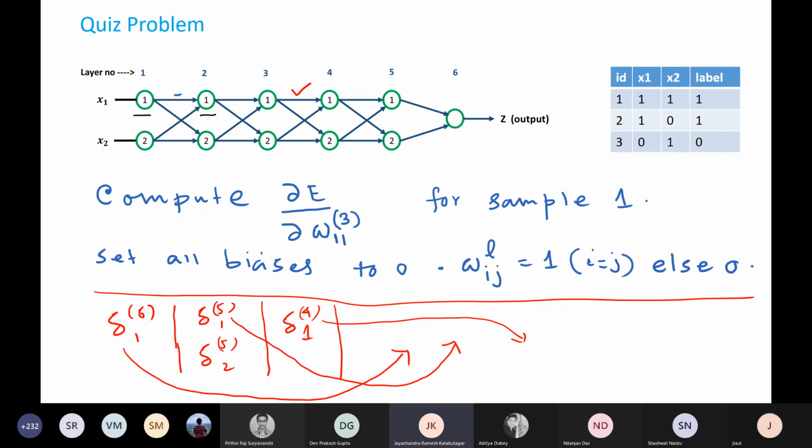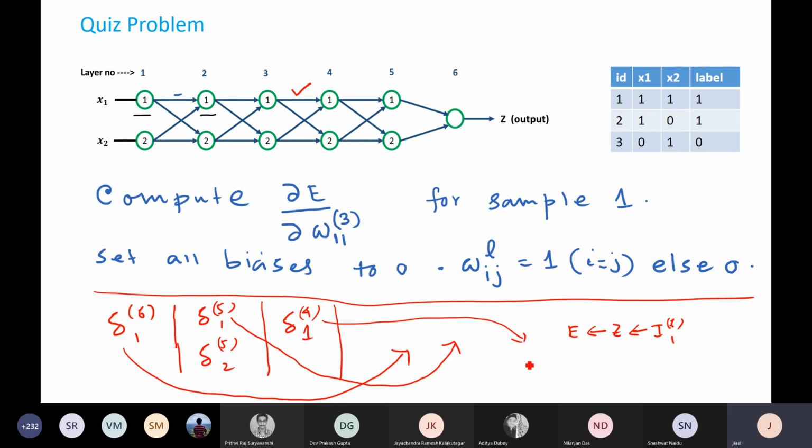So delta 6.1 would be just dE by dz, right? Delta 6.1 would be the error. So you have this error, E equals half of (z minus y) whole square, and its derivative. E depends on z, and z depends on I6.1.